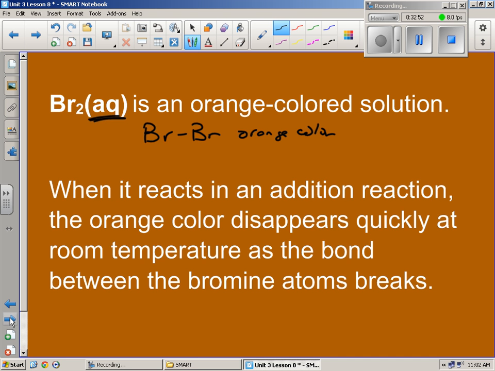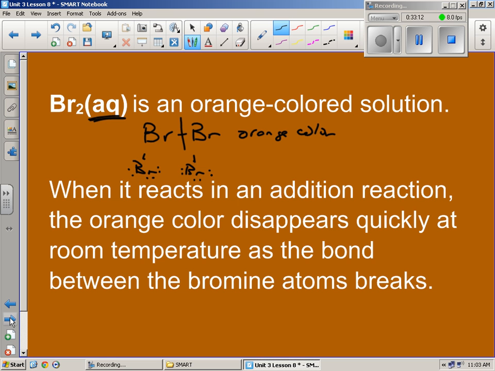So when it reacts in an addition reaction, the orange color disappears quickly at room temperature as the bond between the bromine atoms breaks. So when this breaks and you get Br like that, added on somewhere to a chain, that orange color disappears.